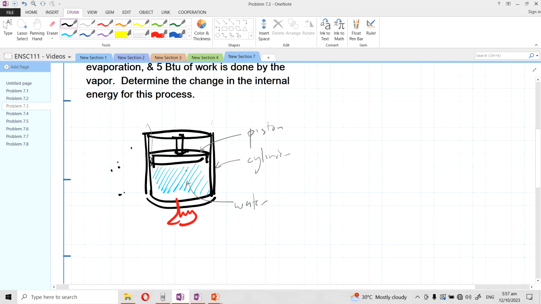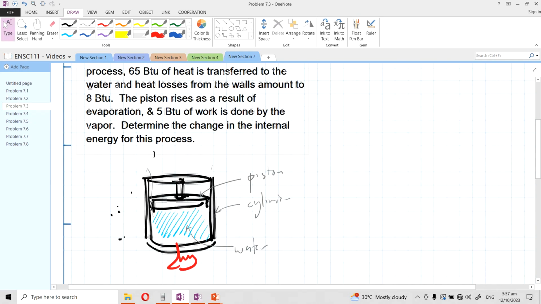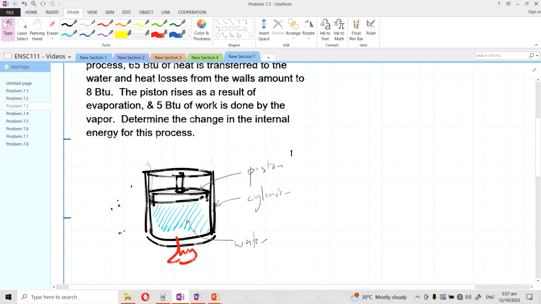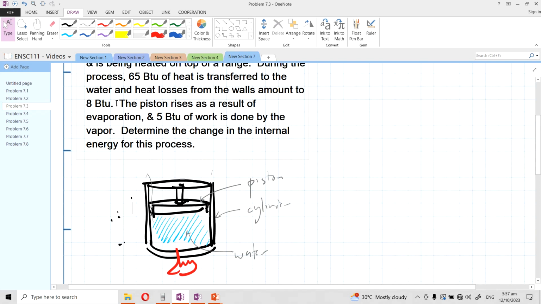That means there's going to be a heat loss, heat that's going out. The amount is 8 BTU. Additional information says that the piston rises as a result of evaporation. That means that after some time, some portion of the water is evaporated. It becomes vapor, so it's a different phase.